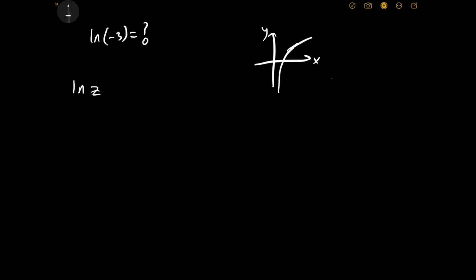Maybe you can think of it as a more general logarithm function, capital Ln z, and this is, let's say, w. This acts as the good old ln that we are used to. So if you raise e to both sides, then you have that z is equal to e to the power of w.